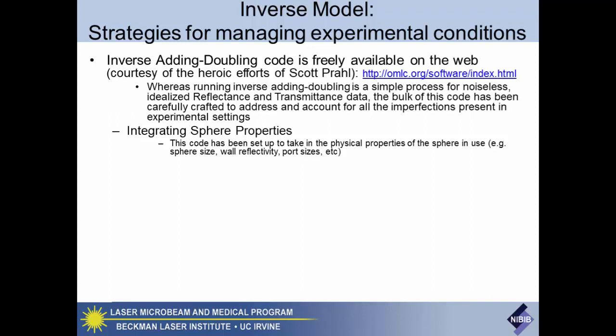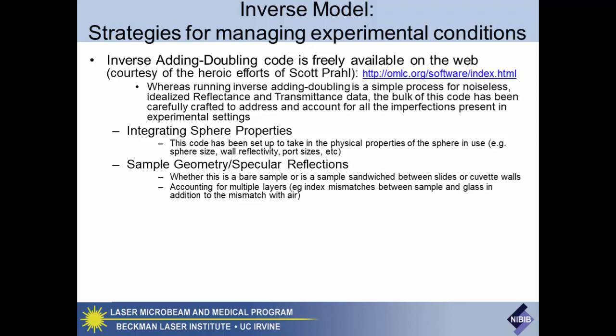You can input what the properties are, and his code will go through, do the sphere reflectivity, and account for all the subtended angles that don't appear. It will also account for sample geometry and specular reflections. So knowing what the index is, if you have a liquid sample in a cuvette or not, you can input that. It will do the adding portion of the calculations for you.